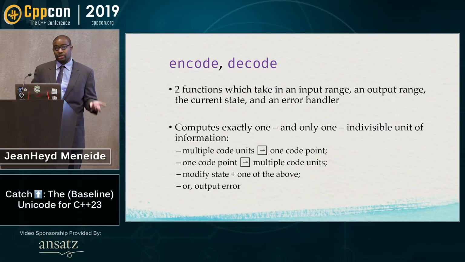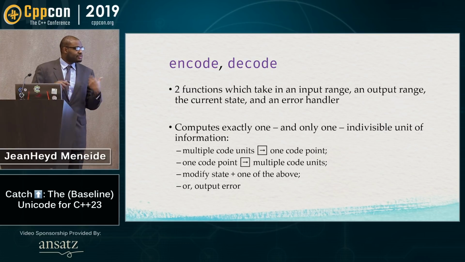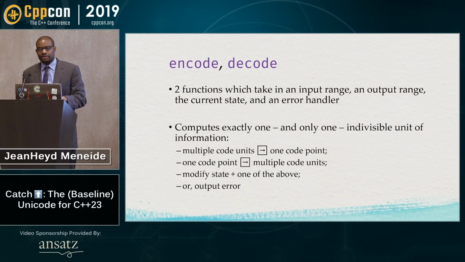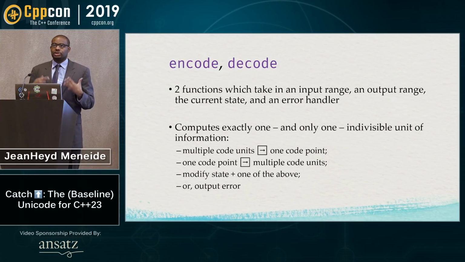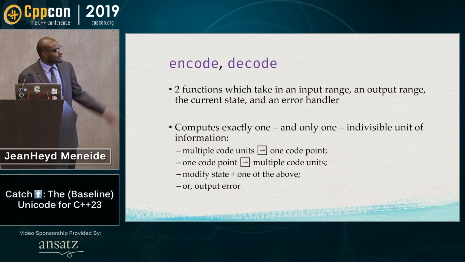You return an error code, or you throw an error, or you replace the text in the stream with a replacement character. The default for the library is the replacement character, because there is so much malformed text in the world that if you had a throw error handler by default, you'd DDoS half of the world. And that's probably not a good thing to do.